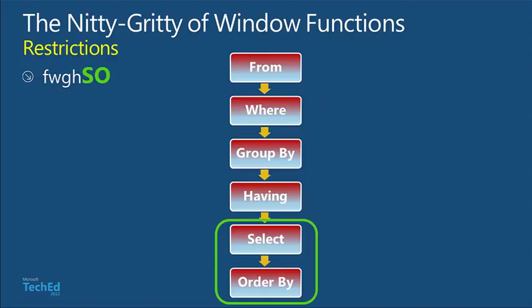This is very important to remember, especially for anybody coming from an Oracle background. In Oracle, you can use, say, WHERE ROWNUM less than 10. So in SQL Server, you cannot say WHERE ROW_NUMBER and so on less than 10.